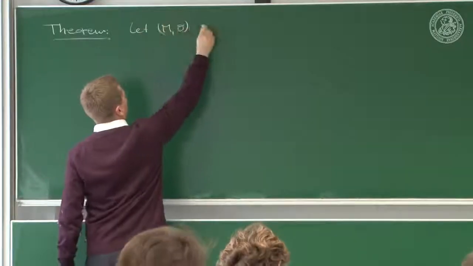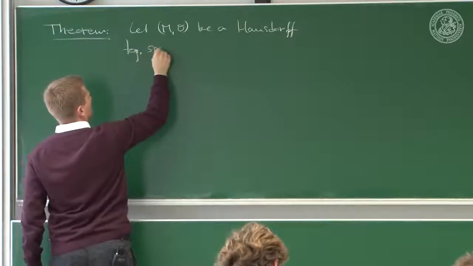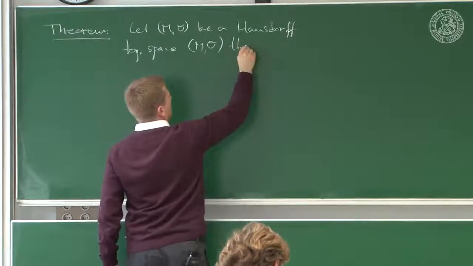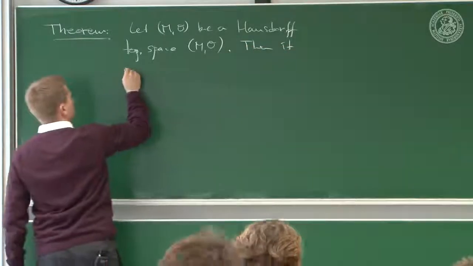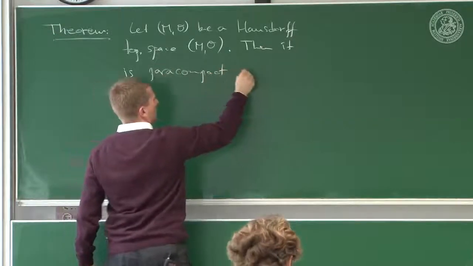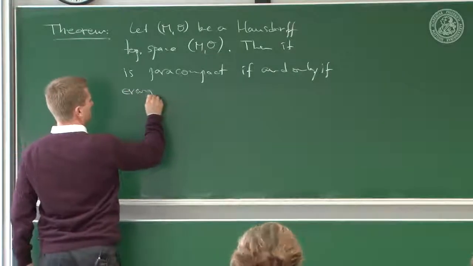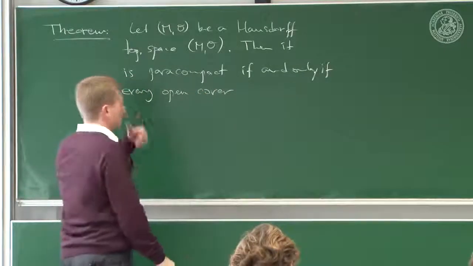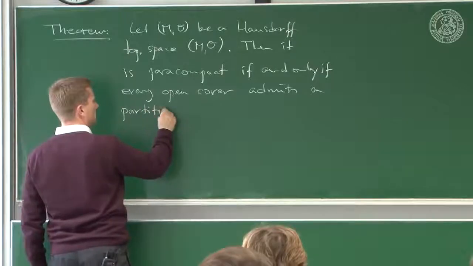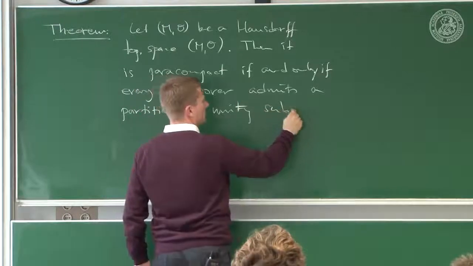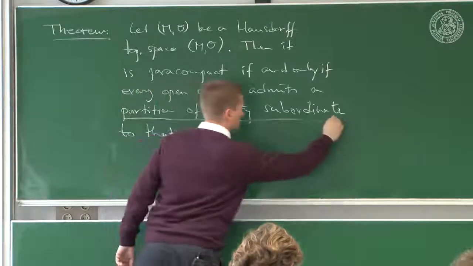So let M, O be a Hausdorff topological space, then it is paracompact if and only if every open cover of that space admits a so-called partition of unity subordinate to that cover.